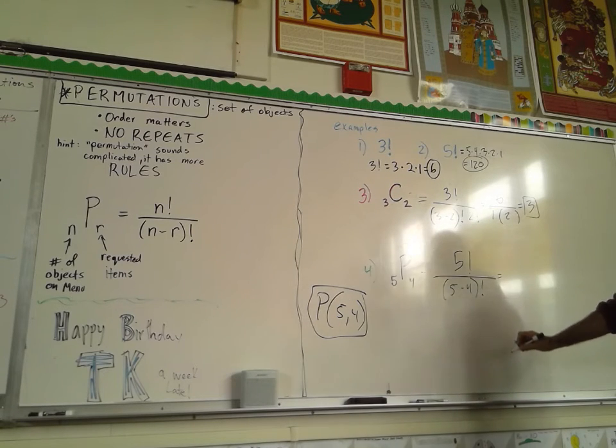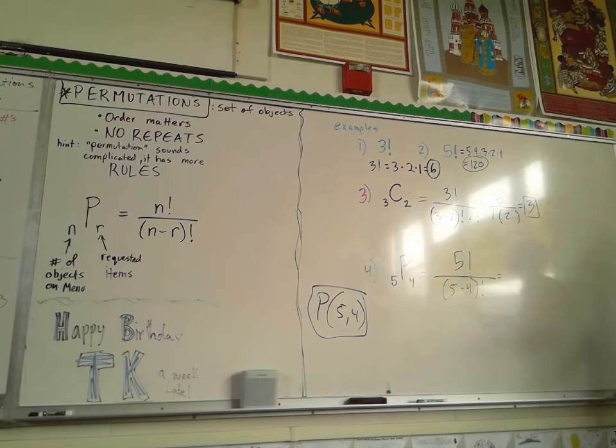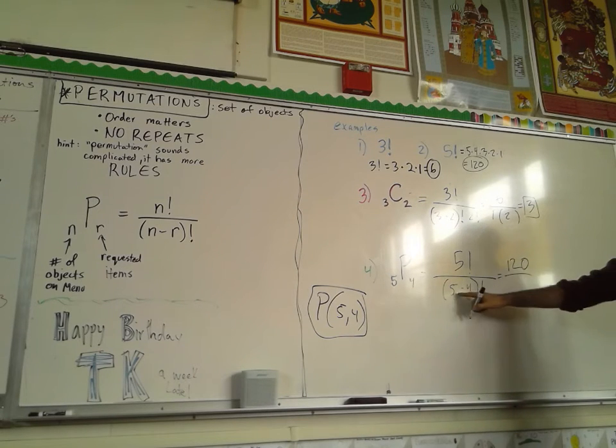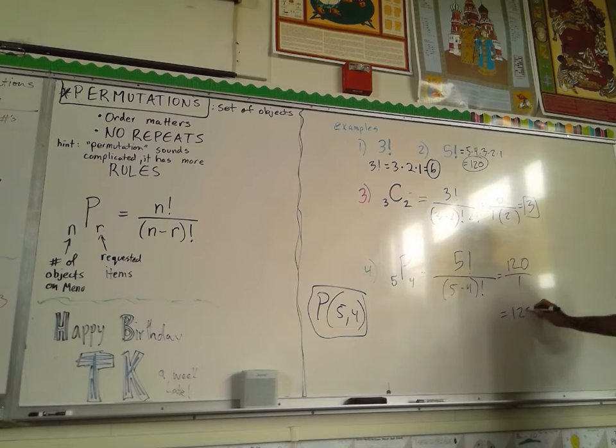What's 5 factorial? We already did this. 120. What is 5 minus 4? 1. Factorial of 1? 1. So we get 120. I got it right.